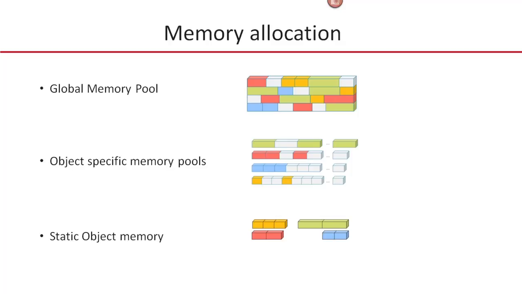We can also create object-specific memory pools, so pools dedicated to threads or semaphores or messaging, and those are then managed so we can create and destroy things on the fly. Or if we were writing for high integrity or safety critical applications, we can stay with the original static object memory where everything's allocated at compile time. So it's more deterministic and we can verify it.